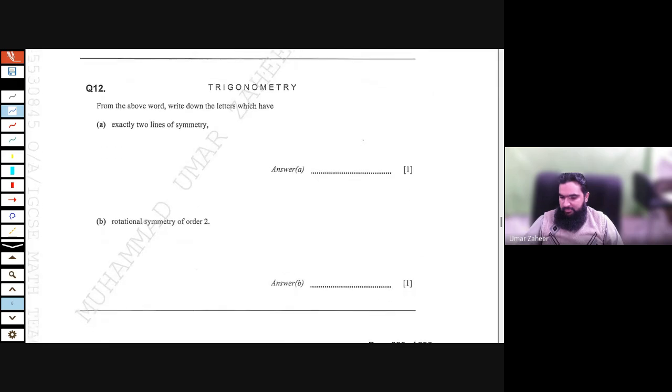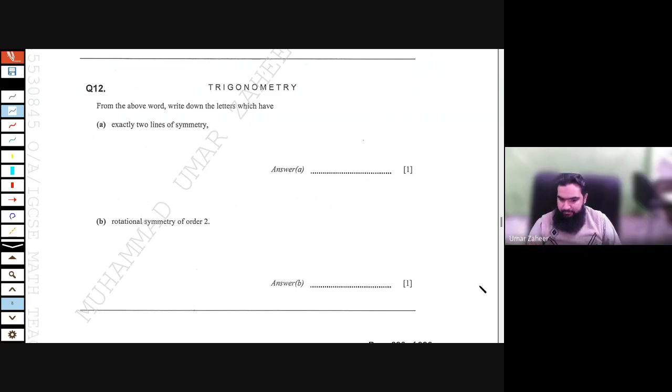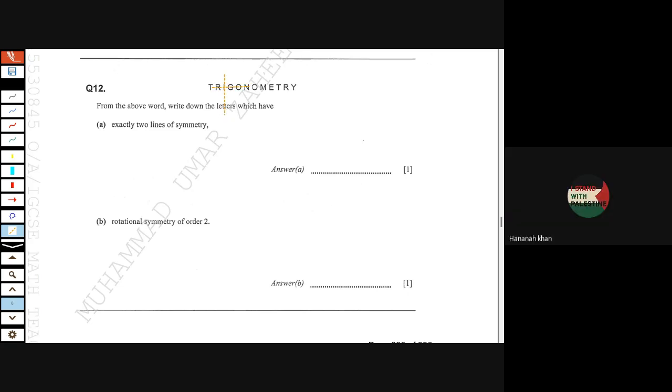From the above word, write down the letters which have exactly 2 lines of symmetry. Which are the letters that have exactly 2 lines of symmetry? I. In I, obviously, this is one line of symmetry, and this is the other line of symmetry.